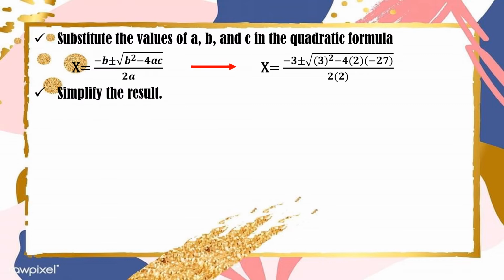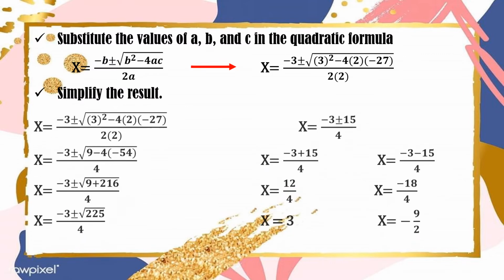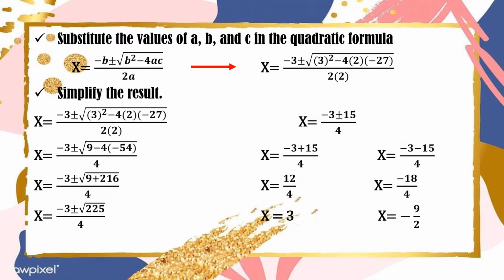Next, simplify the result. So, x is equal to negative 3, plus or minus the square root of 3 squared minus 4 times 2 times negative 27, all over 2 times 2. x is equal to negative 3, plus or minus the square root of 9 minus 4 times negative 54.